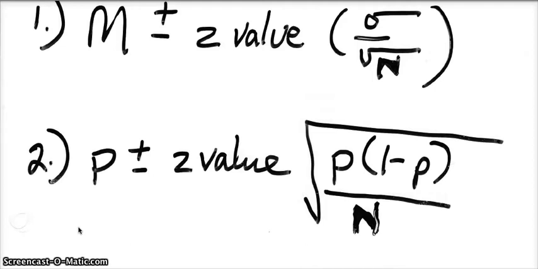So you simply add 0.4750 to itself, or multiply by 2, and you get 0.95. Do the same for 2.58 and you get the same result, 0.99. That's where it comes from, the unit normal table.